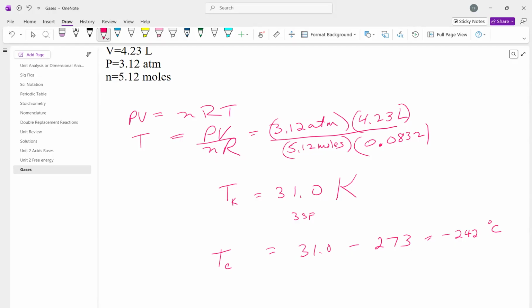We have to find the temperature, which is T, what we're looking for. Okay, does that make sense?